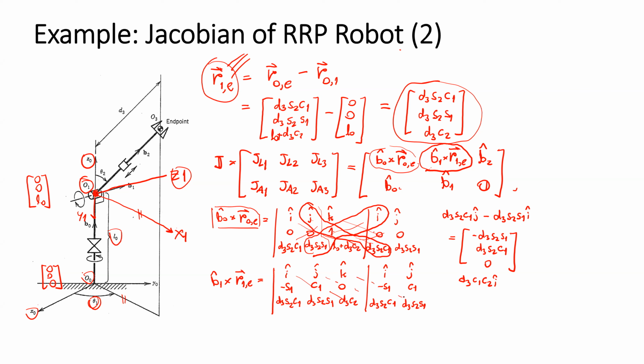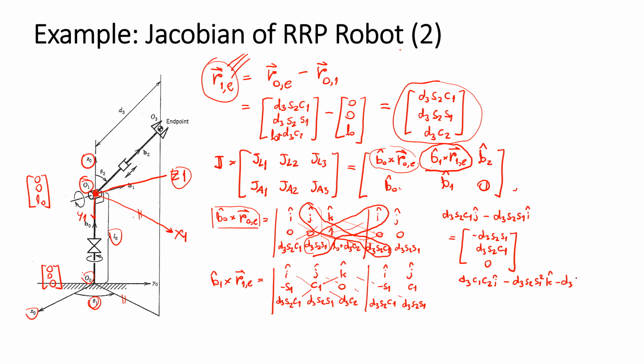This one has minus D3 S2 S1 square K. For the upward, D3 upward is negative, right?